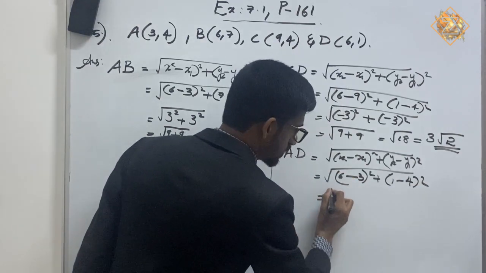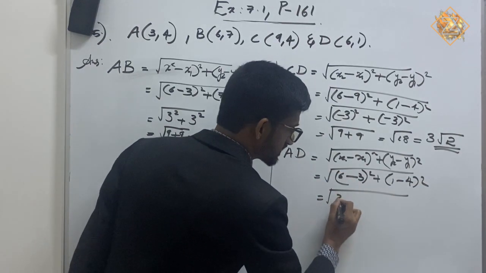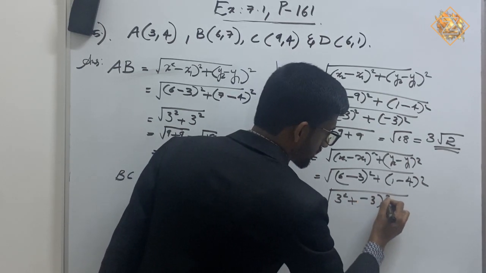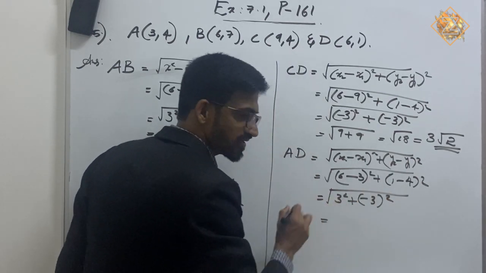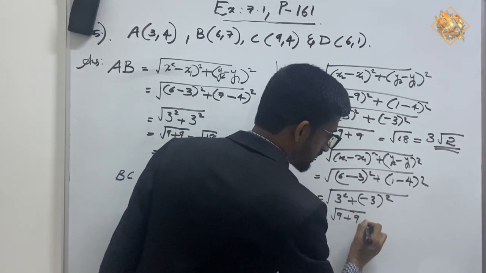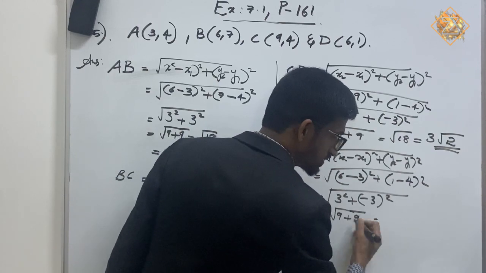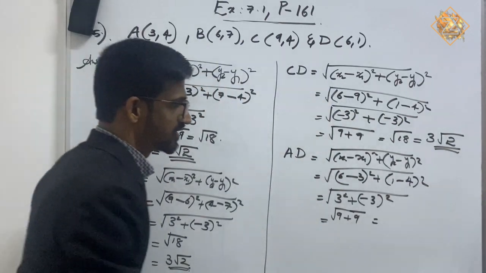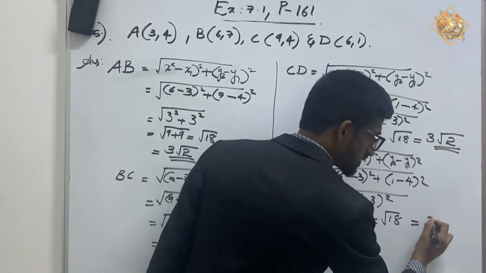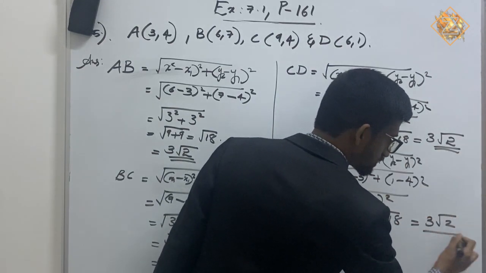Okay, students, that is equal to root of 6 minus 3, that is 3 square, plus 1 minus 4, that is minus 3 square. So root of 9 plus 9, that is root 18. Root 18 we can write as 3 root 2.